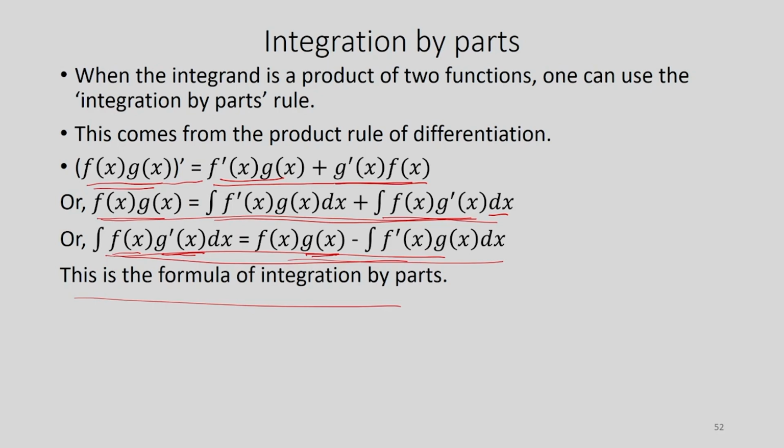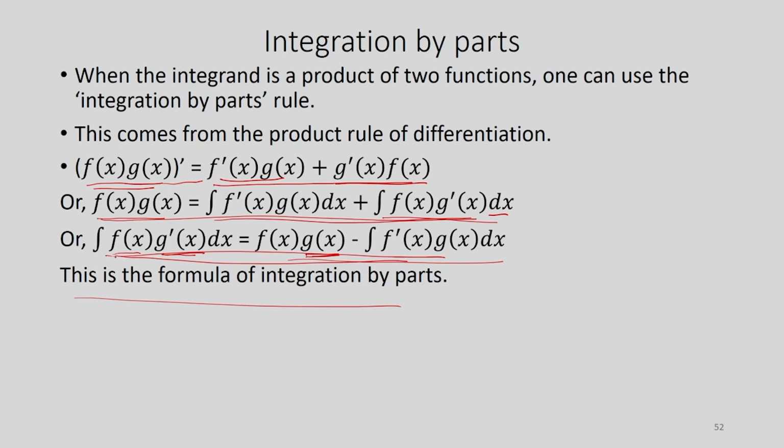And what is the relationship between g prime x and g(x)? If you take the integral of g prime x, you will get g(x). So, that is the thing that we are going to use here.